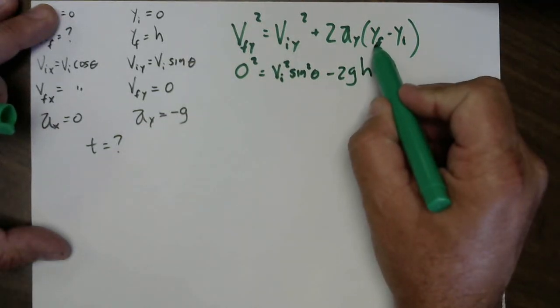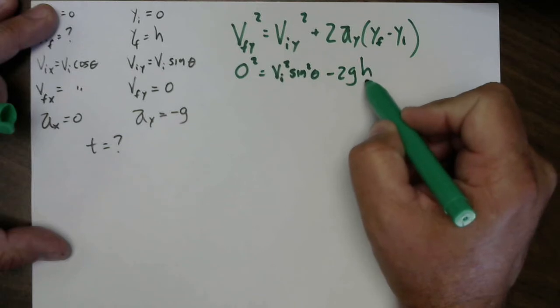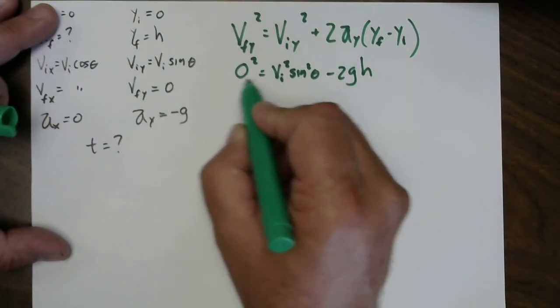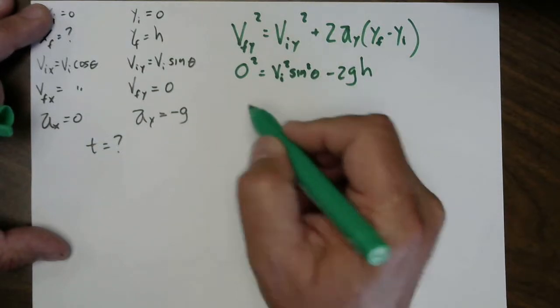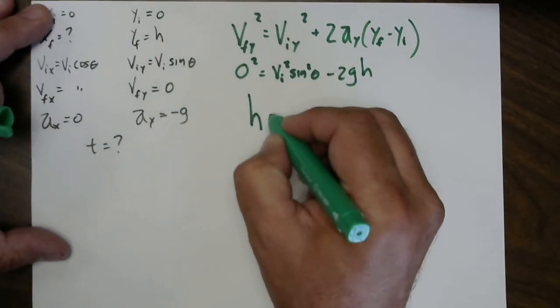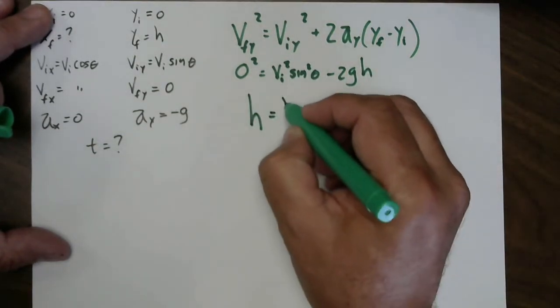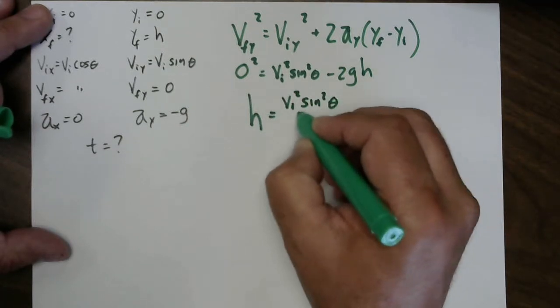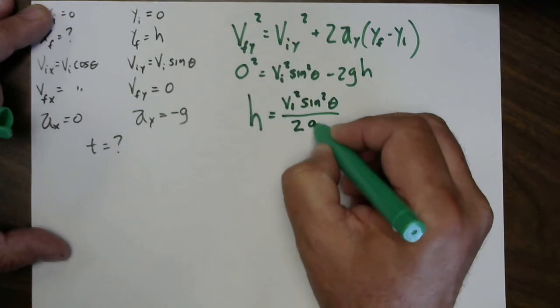So yf minus yi is h minus 0, or h. 0 squared is 0, and this is what the initial velocity is squared. Moving this to the other side and doing some dividing, we find out that h, the maximum height, is vi squared sine squared theta over 2g.